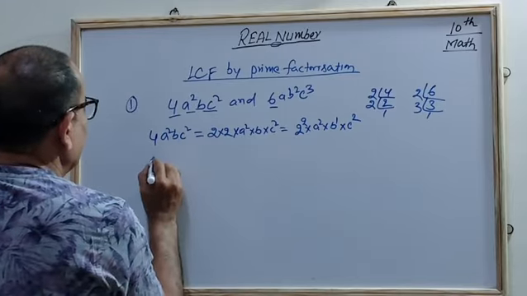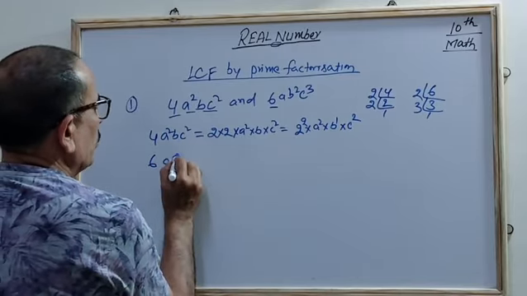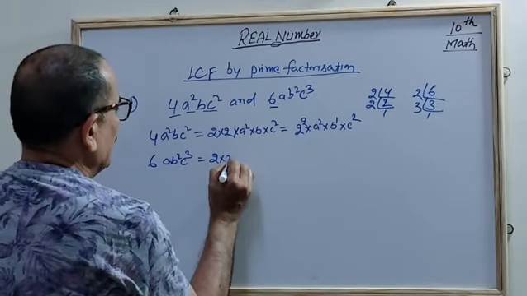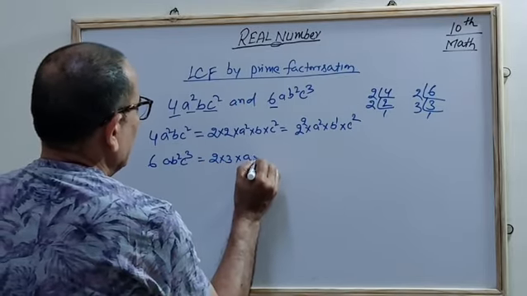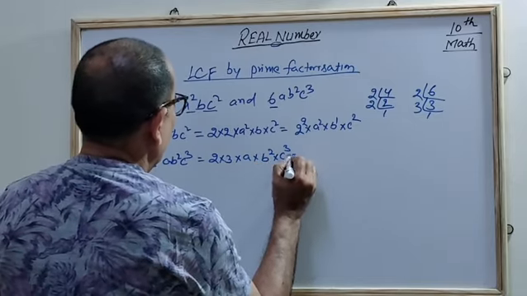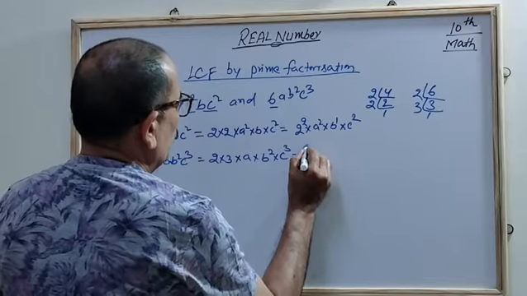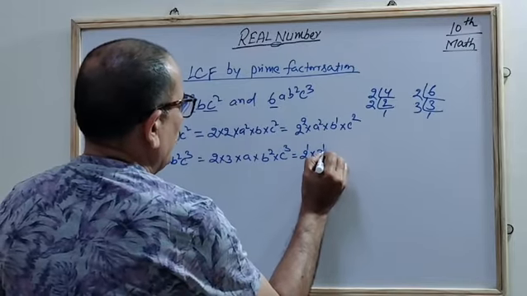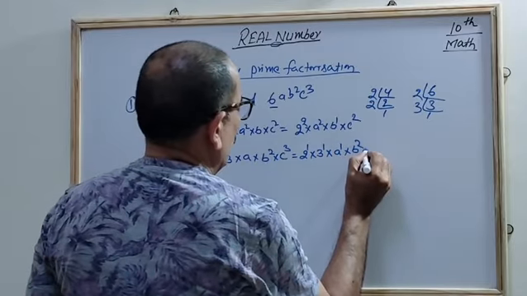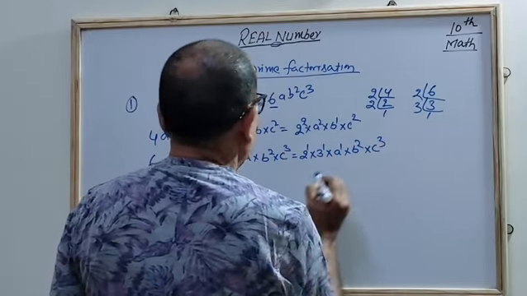The second we will write, 6ab square c cube. That is 2 into 3 into a into b square into c cube. So in the exponent form: 2 to the power 1 into 3 to the power 1 into a to the power 1 into b to the power 2 and into c to the power 3.